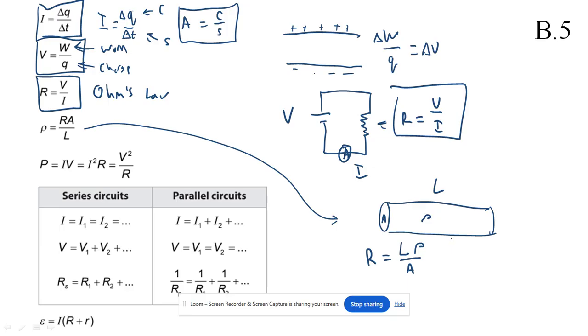Now, clearly we need to make it look like this. So I think if we just put the A up there and the L down here, we get it. I always think about it this way, though. I never think of it in this form, but there it is. So this relates the length of that thing to the cross-sectional area and the resistance, and then this is the resistivity.